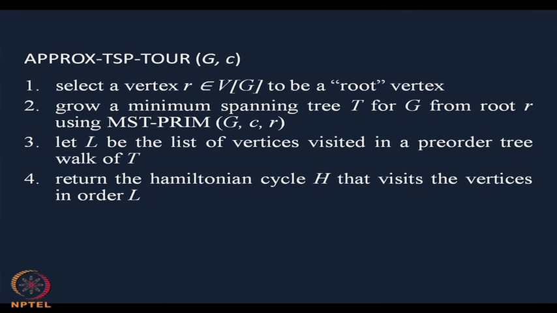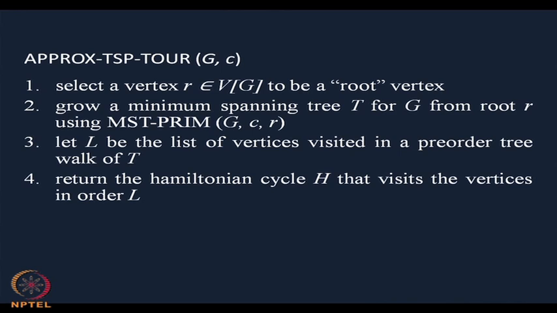In the approximate TSP tour, we select a vertex R, which will be a root vertex. As we have told, for the travelling salesman problem it is not essential where I start and where I stop. I can start from anywhere and I can go to anywhere.